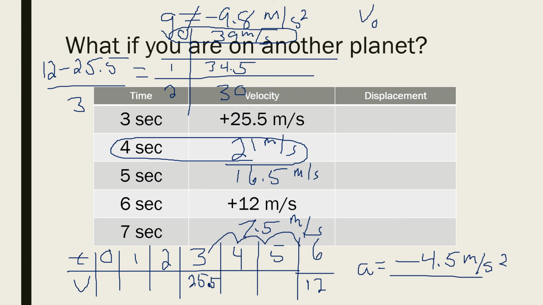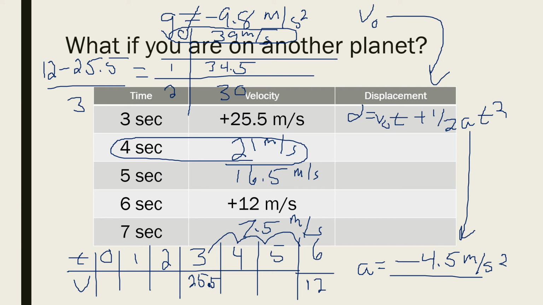So you have to go all the way back. And you could then solve the displacements, no issue. When you use this equation, d equals V0t, the V0 would be the 39. And don't forget, the A isn't 9.8 anymore. The A had better be your new gravity.